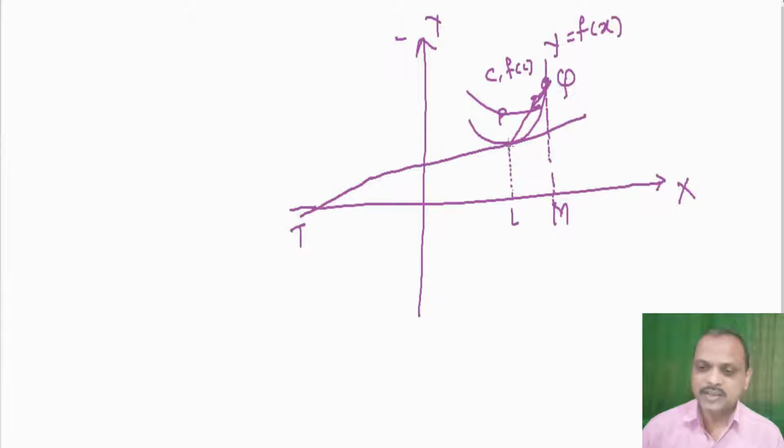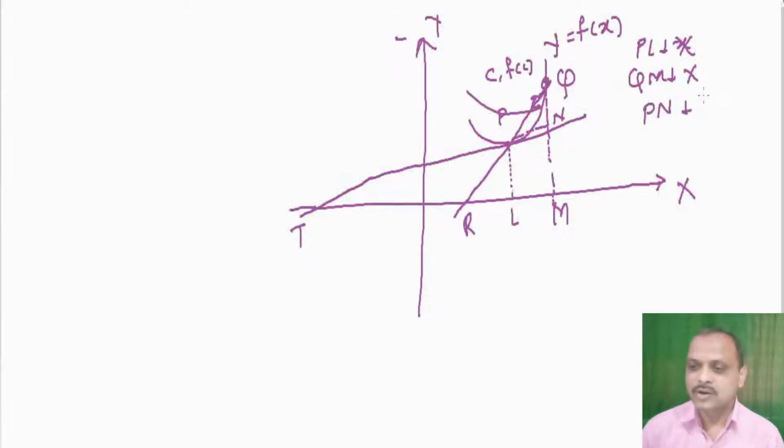If we extend it, it cuts the x-axis at the point R. Then we draw a perpendicular from P, suppose N. So PL is perpendicular to the x-axis, QM is perpendicular to the x-axis, and PN is perpendicular to QM. This is a neighboring point.